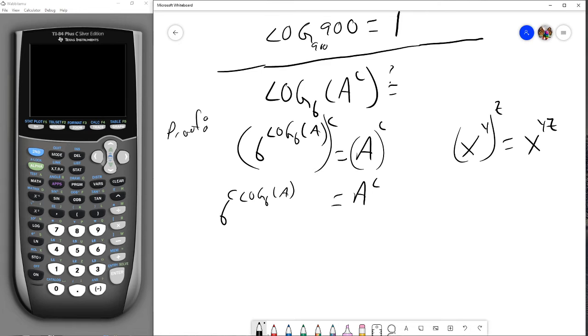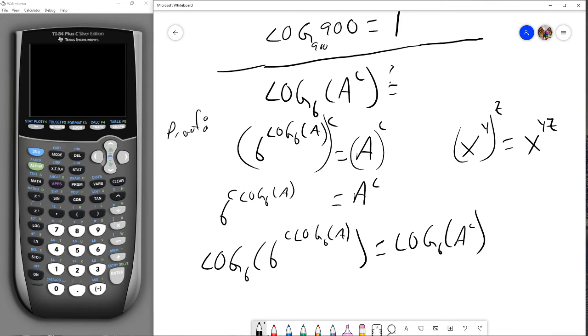Now, if we were to take the log of both sides, so if I were to say log base b of b to the c log base b of a, well, what you do to one side you have to do to the other, so I have to take the log of this side as well.